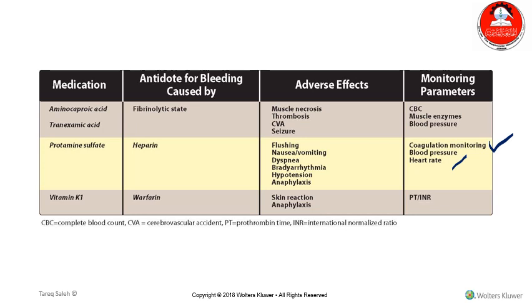Similarly, with vitamin K, remember that the blood test of choice to monitor warfarin treatment is INR, or International Normalized Ratio. And that's what you also need to measure when you start treating warfarin-associated bleeding with vitamin K.